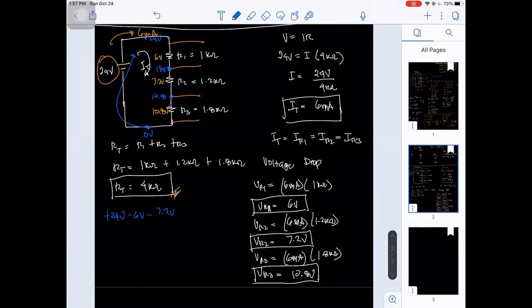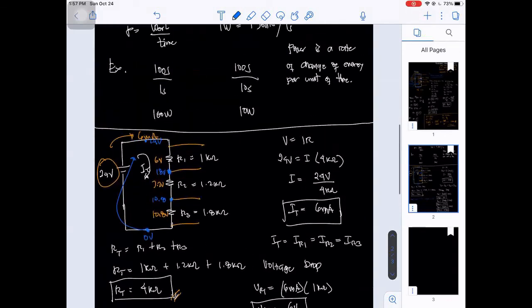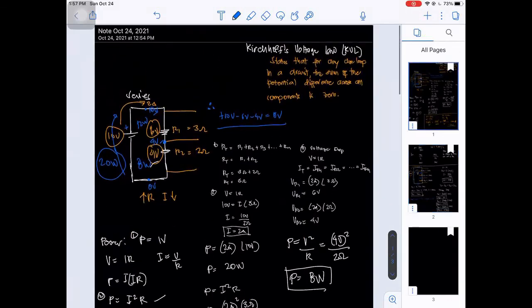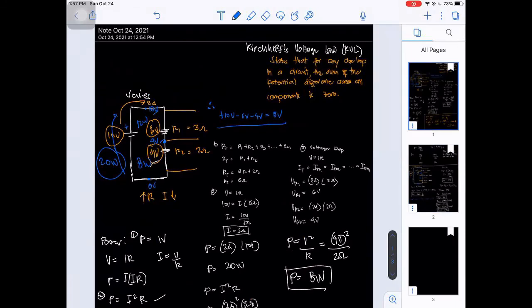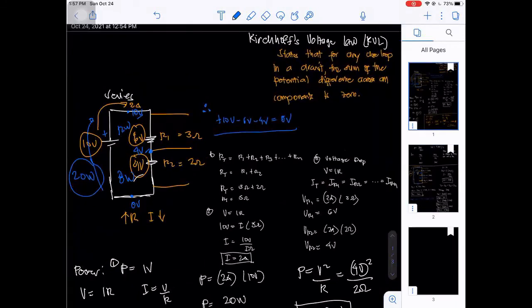And the last one, we have 10.8 volts drop across resistor 3. And it will sum up to 0 volts. So it satisfies Kirchhoff's voltage law, which states that for any closed loop in a circuit, the sum of the potential differences of all components is always 0.